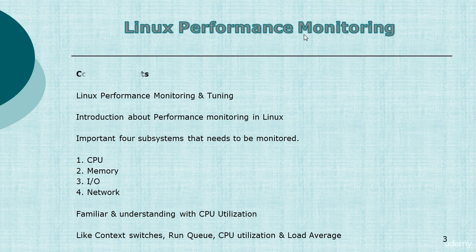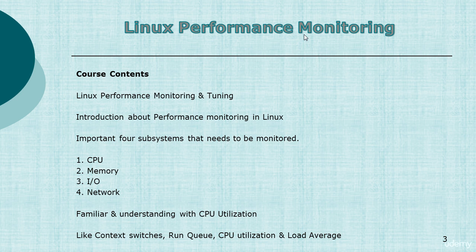So, the contents of this course module. First of all, I have started with a basic idea about Linux performance monitoring and tuning, an introduction about performance monitoring in Linux. I have discussed the 4 important subsystems that need to be monitored whenever we have a performance issue on a Linux server or any server: CPU, memory, IO, and network.